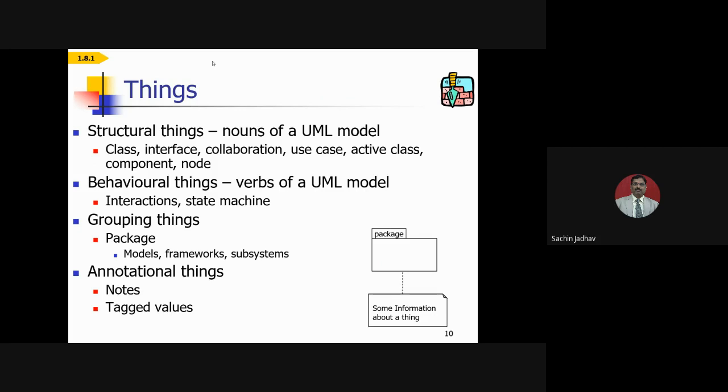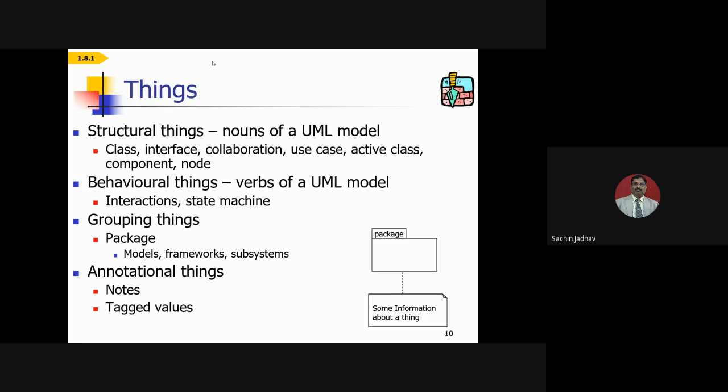For example, currently we are in a teaching-learning state. This teaching-learning state is the state of the student as well as the teacher, right? Once the course is completed, then you go to the next state, right? So behavioral things are the verbs of the UML model. You have to identify them and state them with the help of interaction or state machine diagrams.